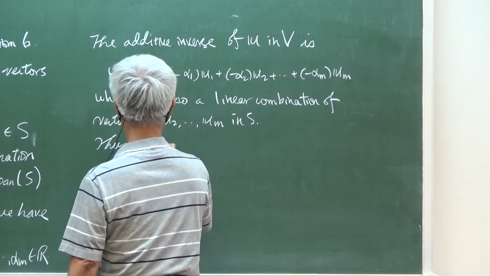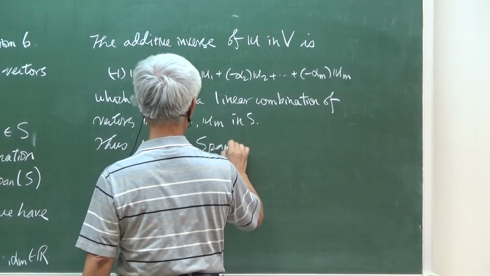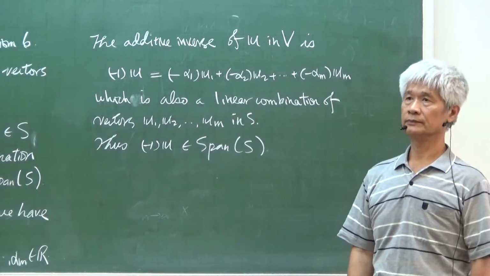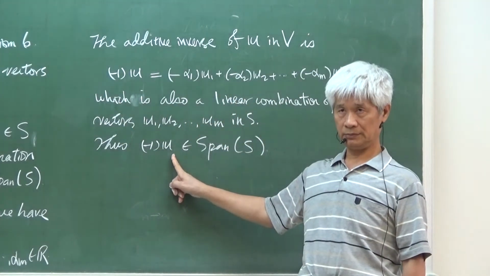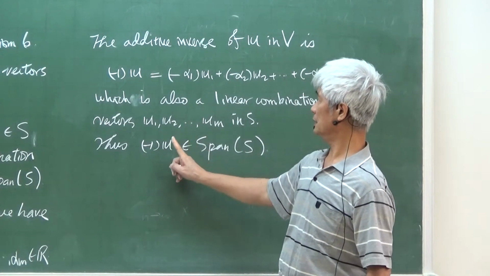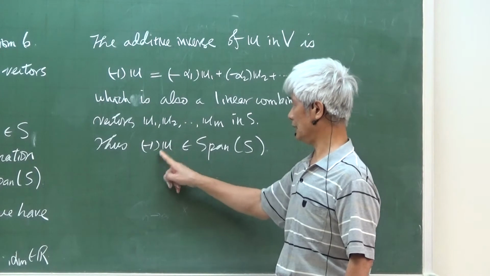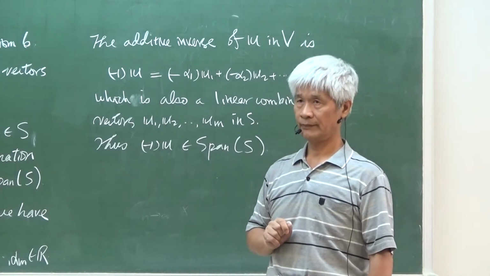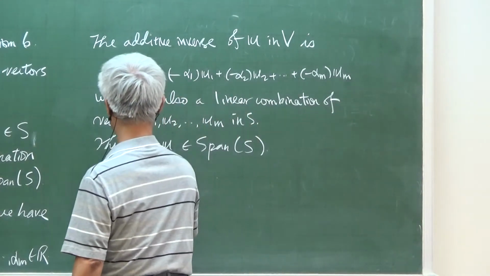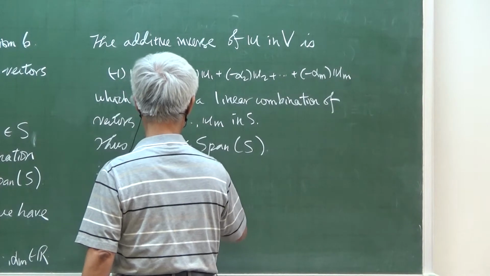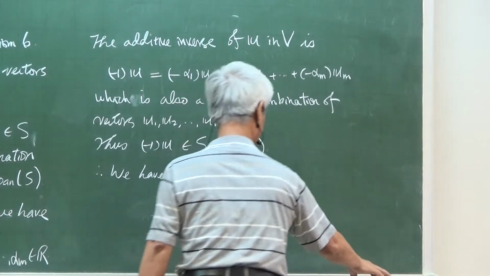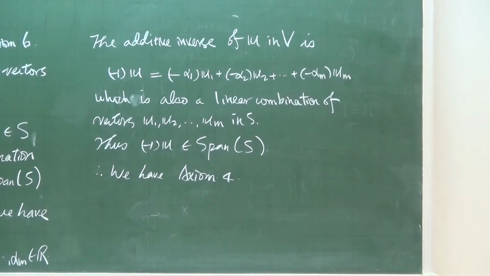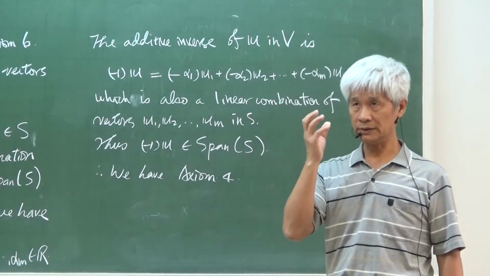Thus, it is also in the space. So for every vector in the span, it has an additive inverse, because this is the additive inverse in V, but we proved that the additive inverse is also in the span S. So we have axiom 3 and axiom 4. Axiom 3 is about the existence of a zero vector.